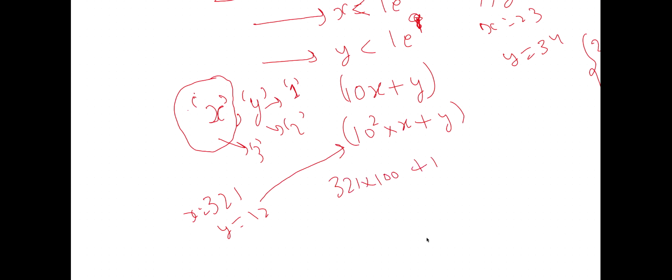And what's that? 32112. So we are sure of one thing: the new number that is formed is 10 to the power t into x plus y, divided by x plus y. This is my mathematical observation for this problem.